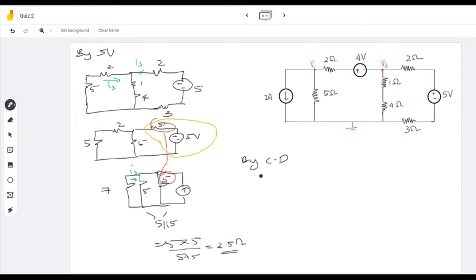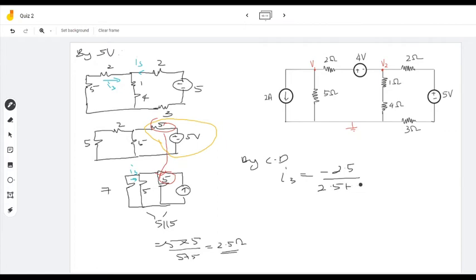So by current divider, I3 again is negative because this current is going this way now. The current is going this way and this way after you add these two in parallel. So I3 equals negative, opposite resistor. What is the opposite resistor? It's 2.5 because you added these two. So opposite resistor over total resistor.